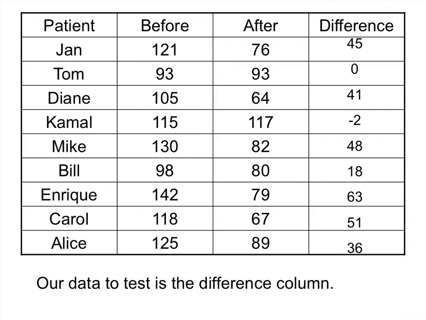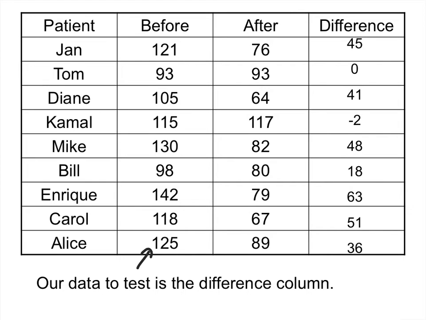So right here, this column is the score they made on that anxiety test after being told about the heart condition. Okay, then they gave them counseling. And when they gave them counseling, the idea of the counseling is to reduce the anxiety.